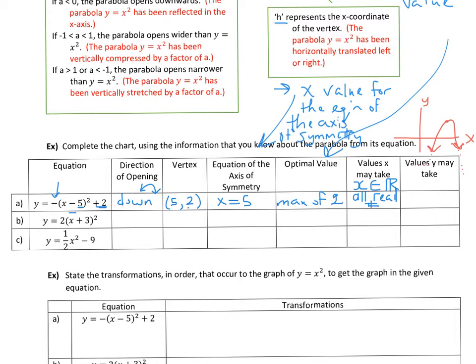So either put all real numbers in words, or you could use x as an element of the reals. Now, as far as y goes, we only reach a maximum of 2 on the y-axis here, and we use all values below or equal to that 2. So when we put our y values in here, we're going to say y has to be less than or equal to 2.